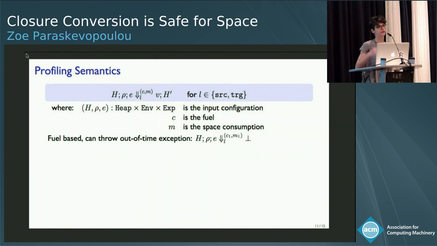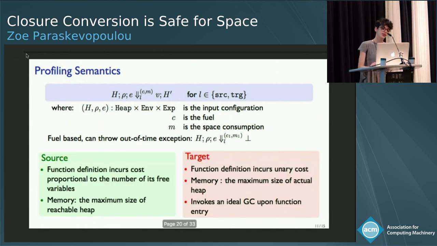And in order to account for time, it is fuel-based, meaning that it can throw an out-of-time exception if there are not enough steps for execution. Otherwise, it will just unwind the fuel by the cost of the evaluation step. And it also accounts for the space consumption. So what are our cost models for the source and target?